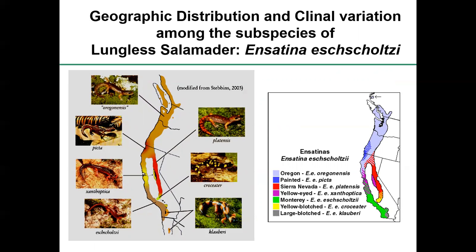But what's most interesting about this species of salamanders is that the 2 southernmost subspecies meet in several locations, but they don't hybridize. Here we have the Great Central Valley in California, and this cluster of 7 subspecies completely encircles the Great Valley of California, again forming a ring.